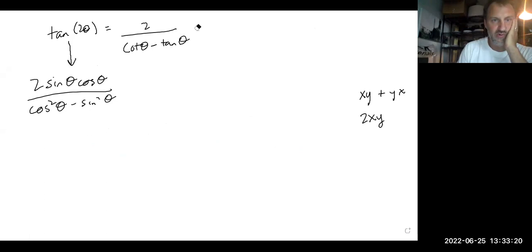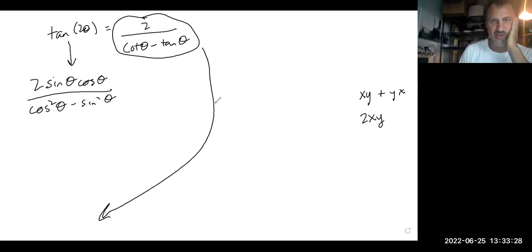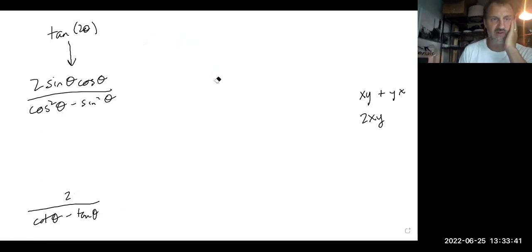And now I'm going to move this part here down to the bottom to be my target: 2 over cotangent theta minus tan theta. All right, I'm going to erase this. This is kind of how I think about a proof.